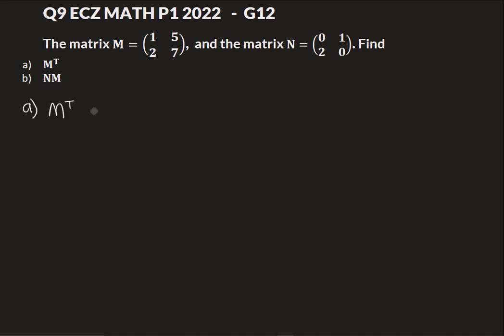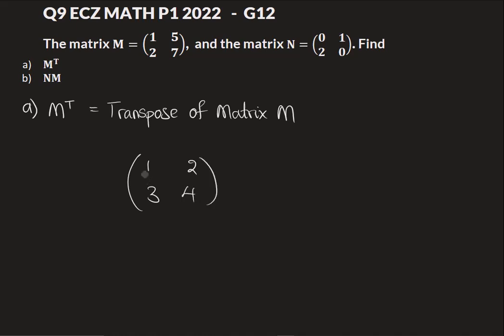What that t means is we are finding the transpose. What is a transpose? A transpose matrix is something you do to a matrix. A matrix has got rows. If I have the numbers 1, 2, 3, 4, this is very important to know because I'll be talking about rows and columns.